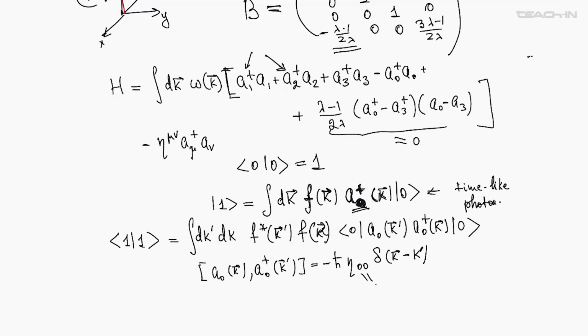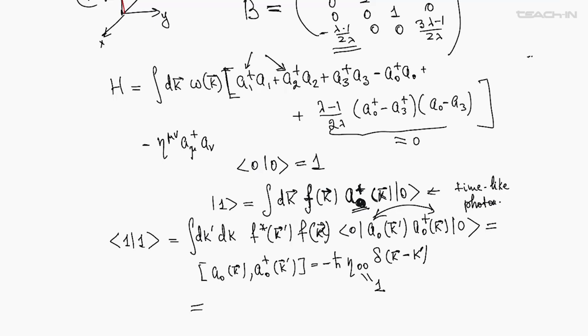And therefore, when I exchange A0 and A0 dagger by means of this commutation relation, in order for the annihilation operator to act on the vacuum and annihilate it, I will get the delta function k minus k prime, which allows me to integrate over k prime.